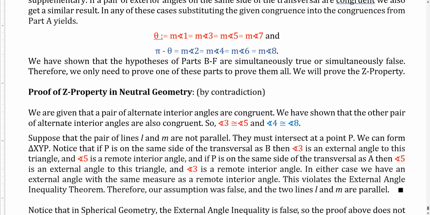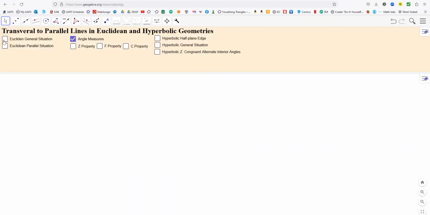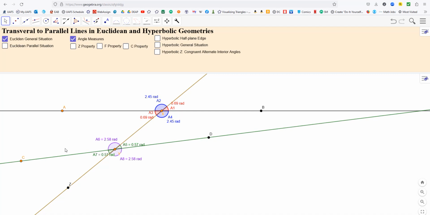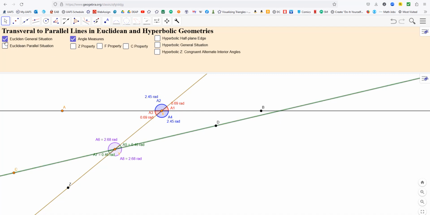They've got to intersect at a point P. Okay, so let me draw that. I can't really draw it correctly here because it's a situation that doesn't exist. But let's draw it and let's suppose they're not parallel and that there's a point P where they intersect.